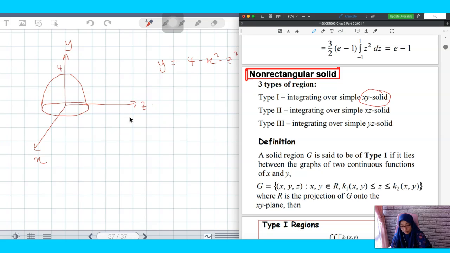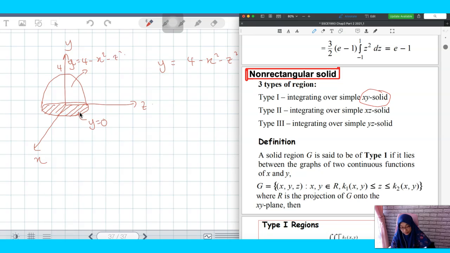So this is 4. Now they ask you to evaluate the volume of this particular solid. Your solid is bounded by the bowl concave down and the y equal to 0 plane, and the bowl is y equals 4 minus x squared minus z squared.